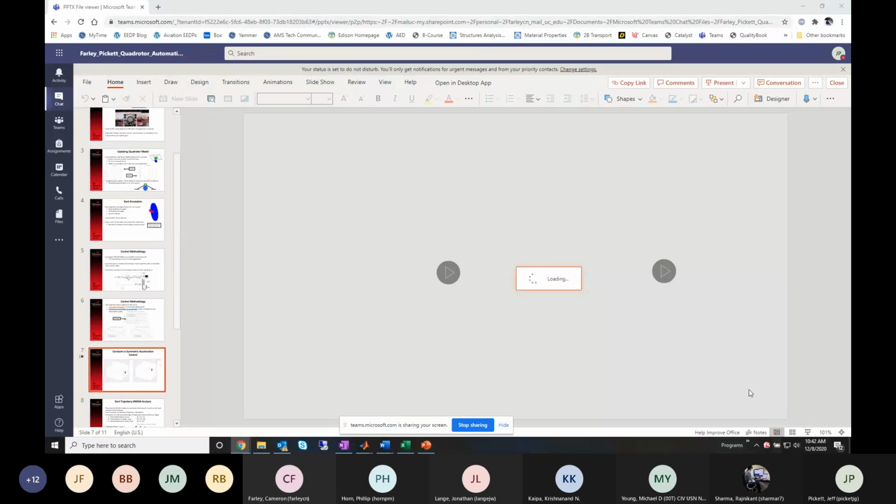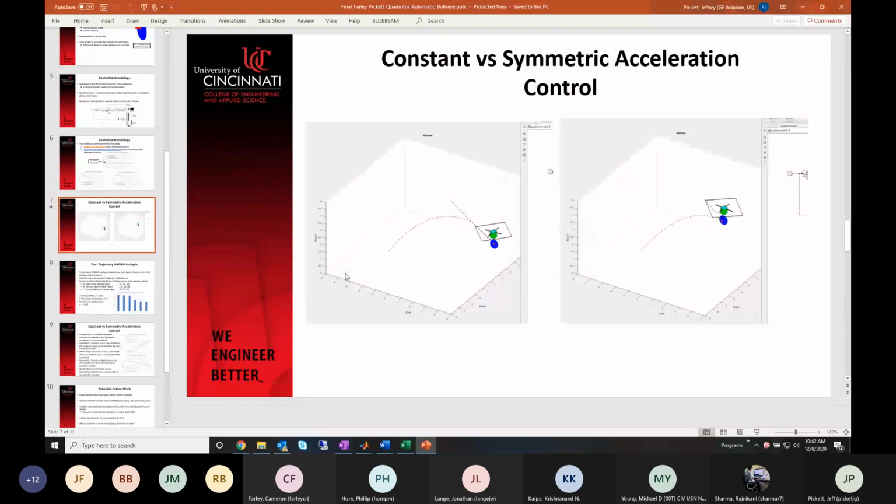It's a comparison, short little snippets of video, between the constant acceleration dart catch and a symmetric acceleration deceleration method for the dart catch, and you'll see the difference between those if it pulls up.